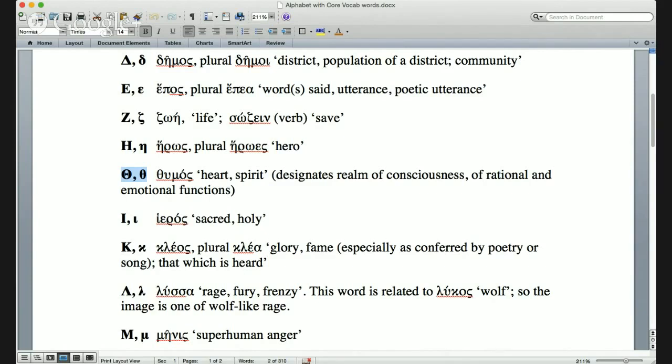And our word from the core vocab list is thumos. And the definition given, heart or spirit, designates the realm of consciousness of rational and emotional functions. A very, very key word in Homer. Thumos.